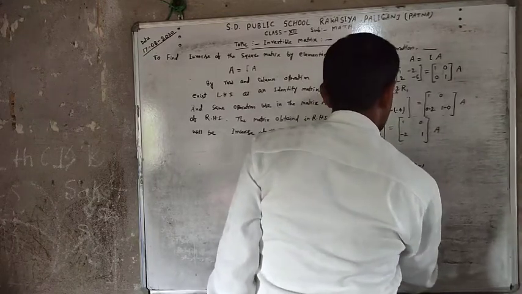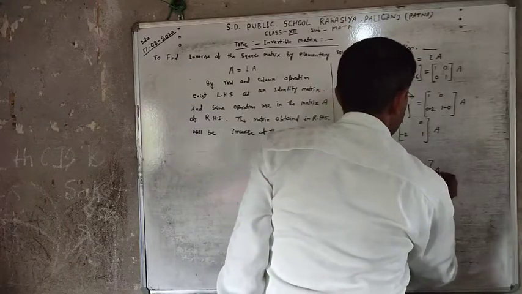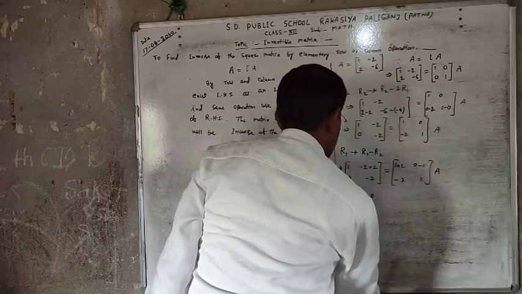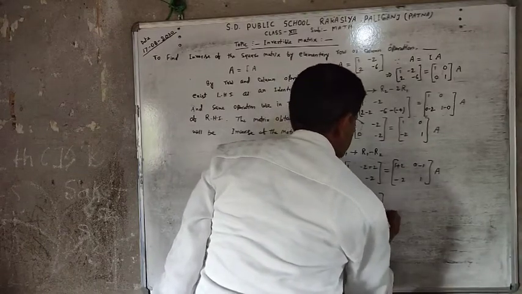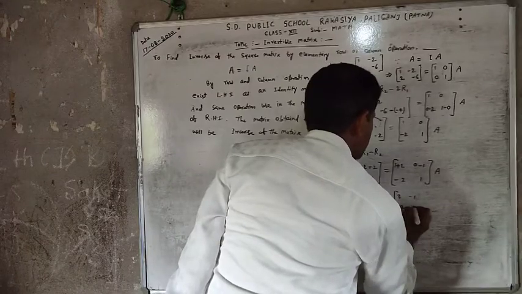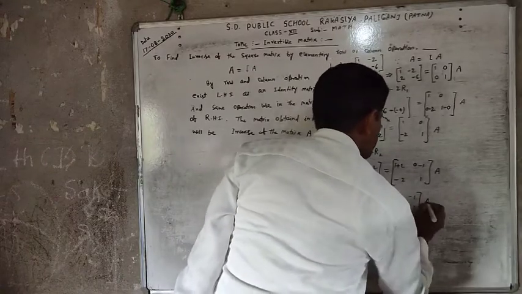Hence we get 1 and 0, minus 2, is equal to 3 and minus 1, minus 2 and 1 into A.